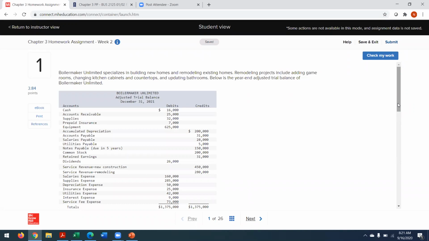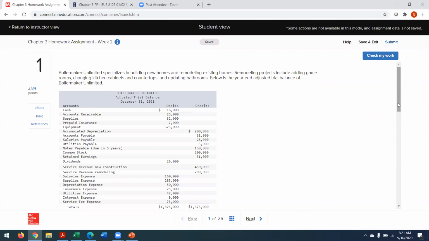You see here, guys, we have our assets first, as debits, then our credit is this accumulated depreciation, which we know is a contra account to our equipment. We have our liabilities. Then we have our stockholders' equity section, which includes our common stock, our retained earnings, and dividends.